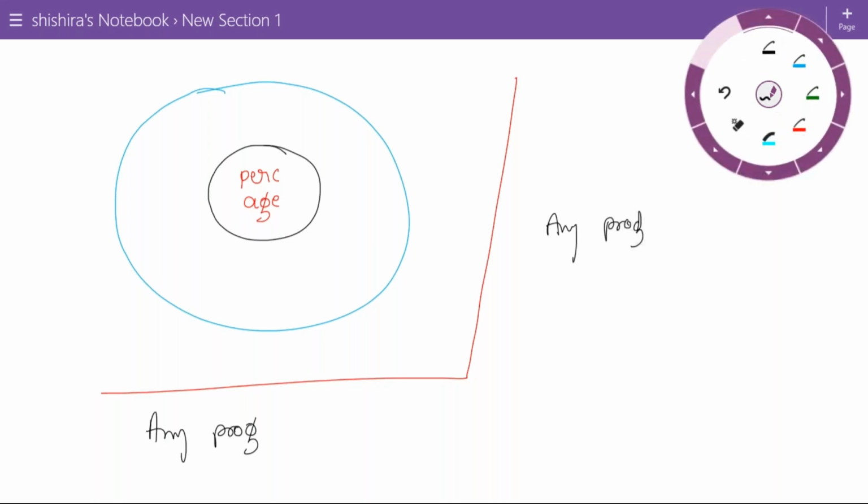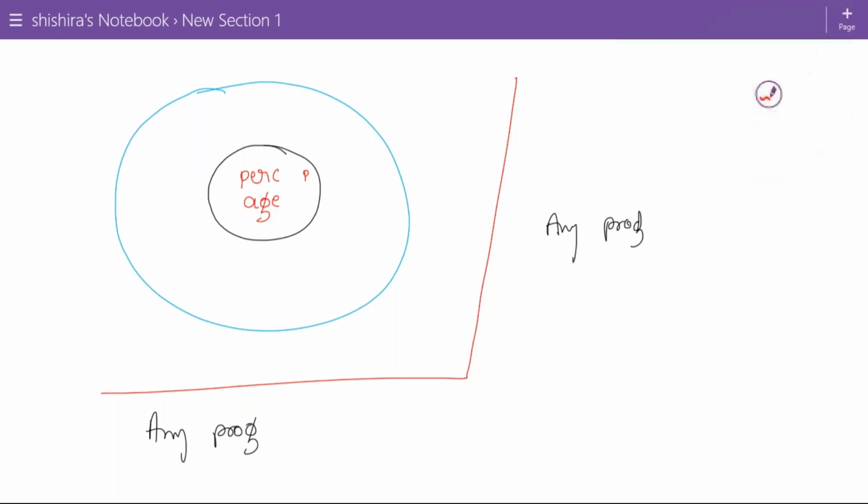By making this data member private. By making the data member private, this percentage and age cannot be accessed outside. I'll repeat: by making the data member private, percentage and age cannot be accessed outside.